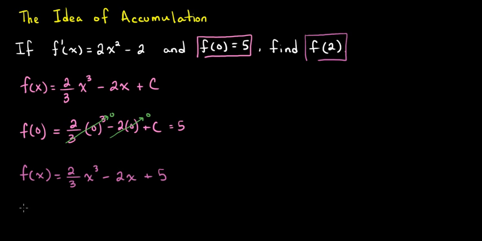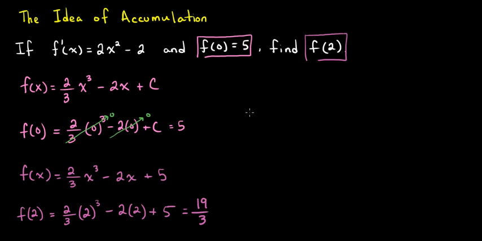So we come back and f of 2 is going to equal 2/3, now I'm going to substitute a 2 in here, 2 cubed minus 2 times 2 plus 5, and you would do all the arithmetic. 2 cubed is 8, 8 times 2, 16 over 3 minus 4 plus 5, and you'd end up getting something like 19 over 3.